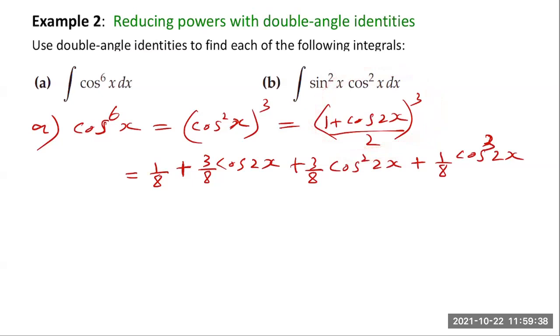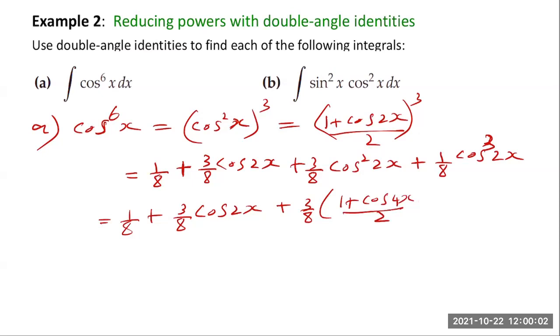Now, again, I'm going to use the double angle formula for this one. If I use it here, let's see what we get. This is equal to 1/8 plus 3/8 times cosine 2x plus 3/8 times (1 plus cosine 4x) divided by 2, plus 1/8 times cosine cubed 2x, which I will leave as it is.